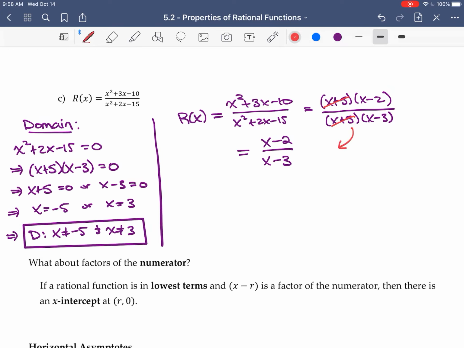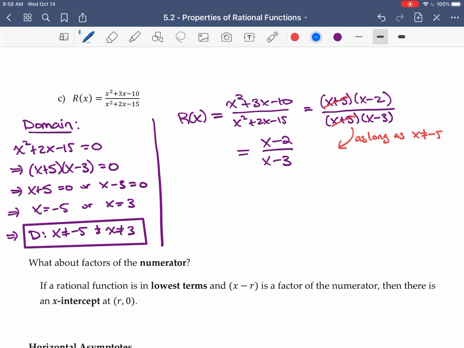Now this last step is valid as long as x is not equal to negative 5. So I can't cancel 0 over 0, but for all other x's, I can cancel those values. So this is our simplified version. Notice that the x plus 5 in the denominator is not there anymore.